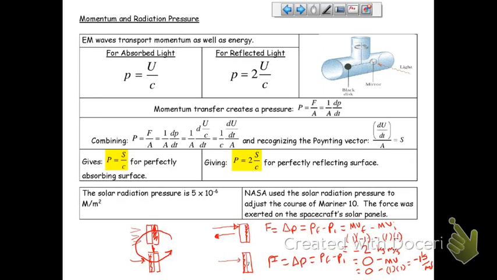So there's twice as much force on the white face as there is on the dark face. And so it rotates in the opposite direction. But it does rotate because of the photon bouncing off versus the photon not bouncing off.